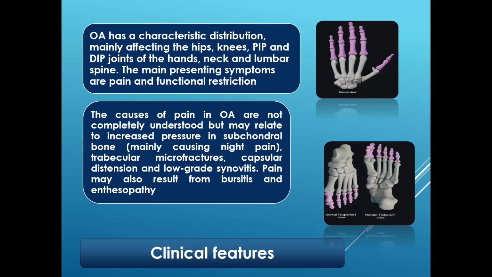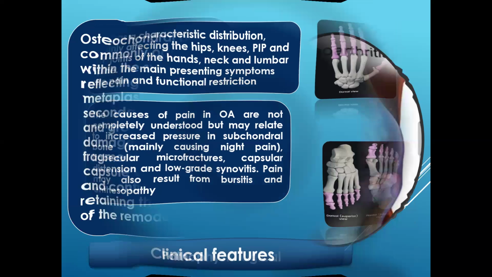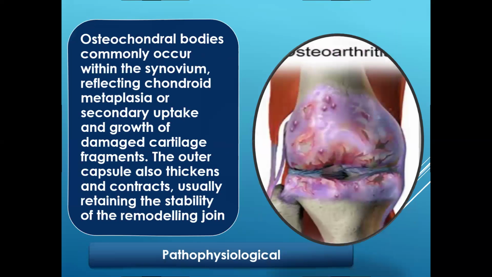It can lead to microfractures within the trabecula. Then capsular distension and low-grade synovitis. The synovium will inflame, and once there's inflammation, there is pain. The pain may also result from bursitis because the whole joint is already affected. The synovium may be affected. The bursa may also be affected.